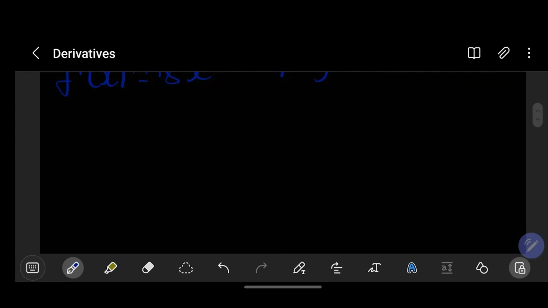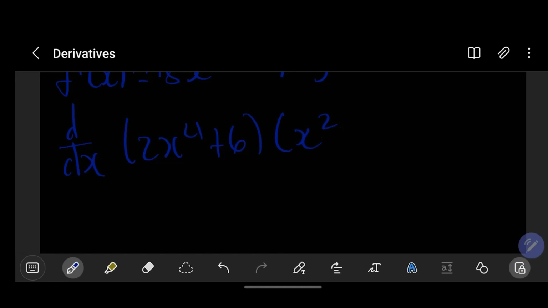Okay, so we can now find the derivative of, so if you want to find d dx of (2x to the 4 plus 6) times (x squared minus 6x), we want to use the product rule here.